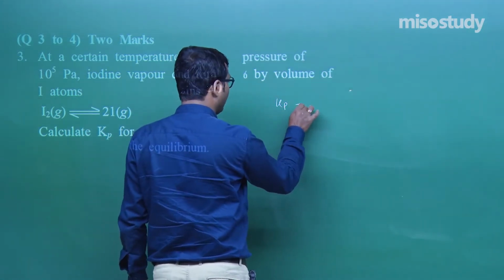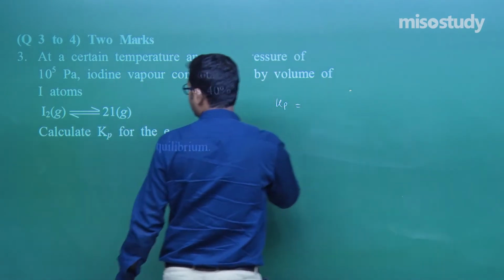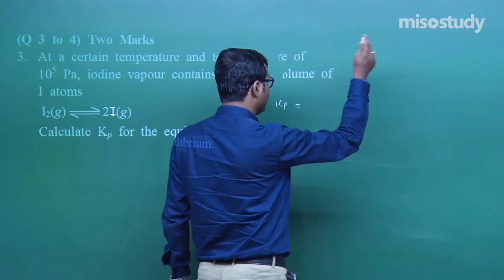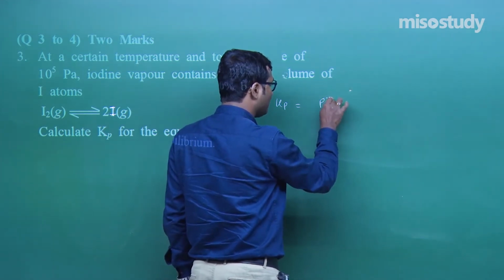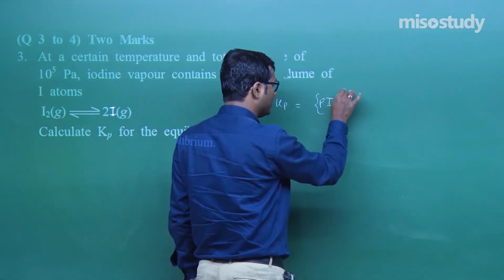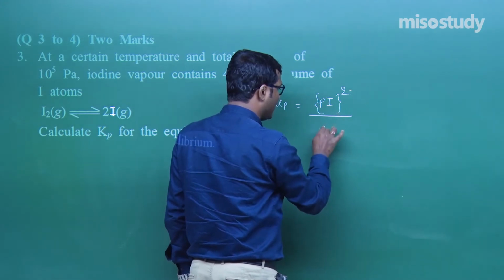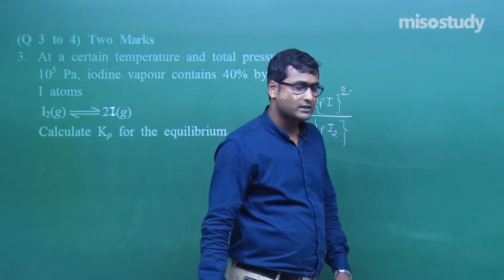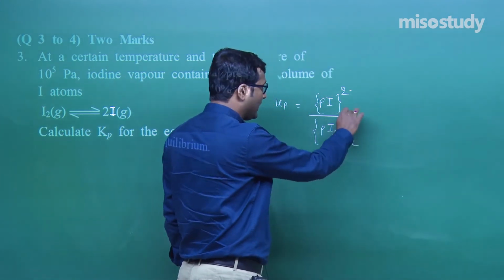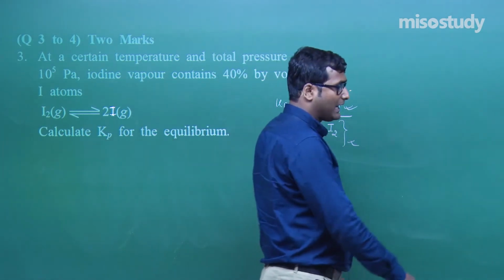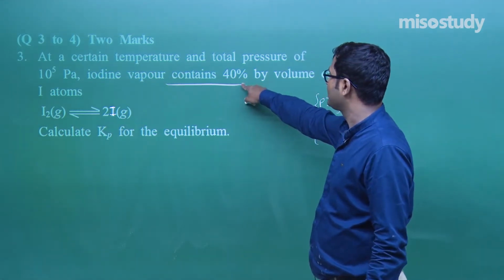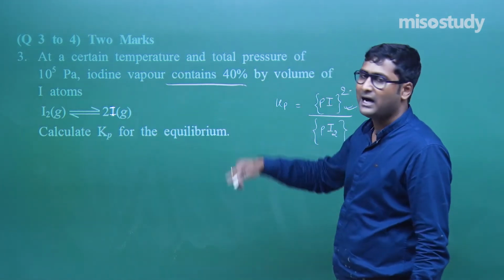Kp is equal to the partial pressure of atomic iodine squared upon the partial pressure of I2. Here it is given that iodine vapor contains 40% by volume of I atom.